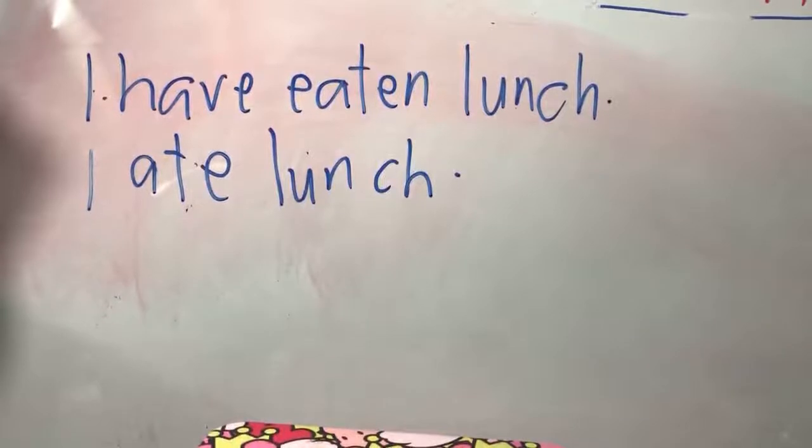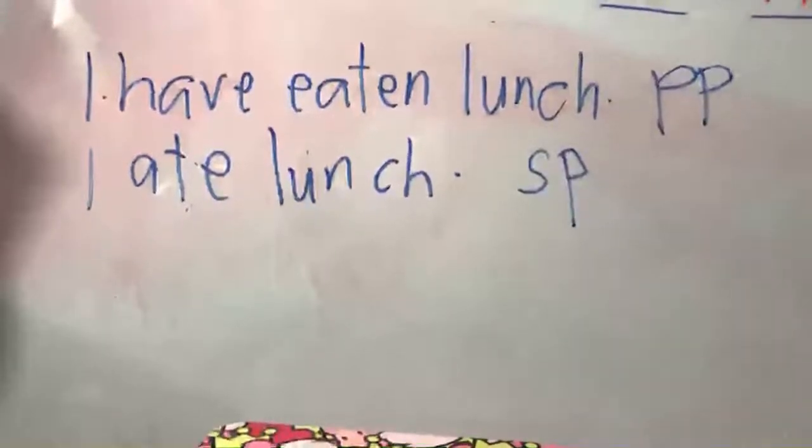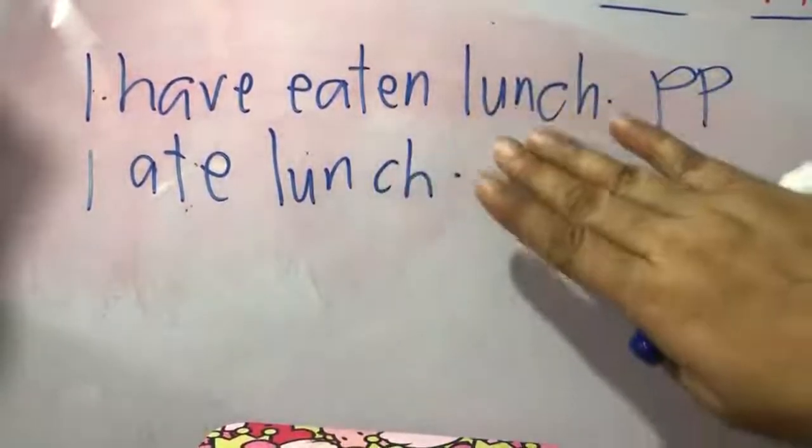Mizuki, listen. Look at the example. Okay, I have eaten lunch. This is the present perfect. Onaji, are they the same? Yes. Right? But what's the difference? This one, you can add the time expression.